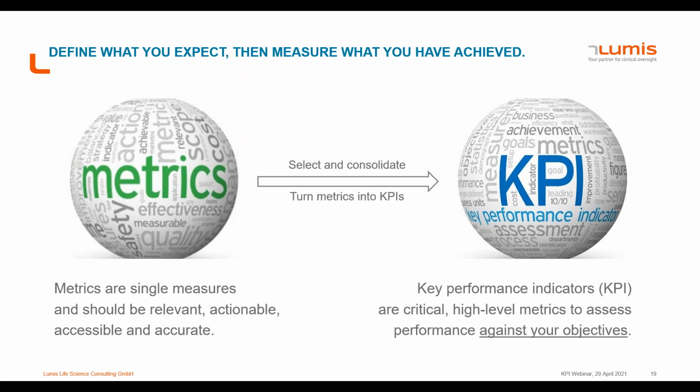The result of this process is that you have high-level metrics which enable you to assess the performance of a clinical trial, and that's rather related to budget, time, and quality, especially against your objective in this specific area. Next.